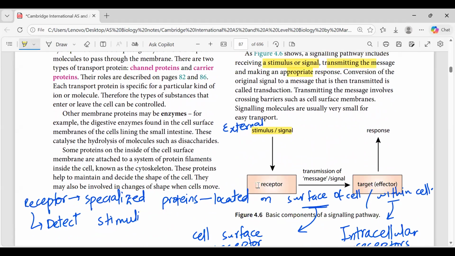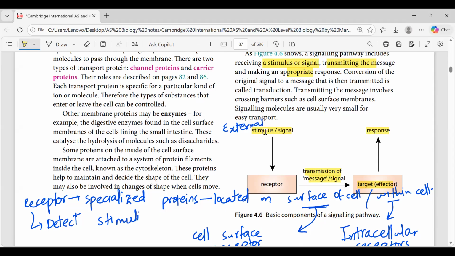This receptor is receiving the signal and then transmitting it to a specific part, just like the brain, and then some action is done and the message is transferred to the target organ. Target means those effectors which will bring a response to this stimulus.